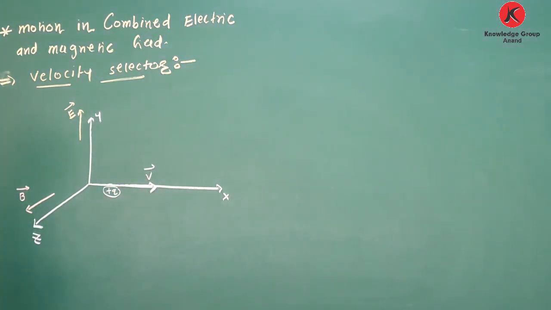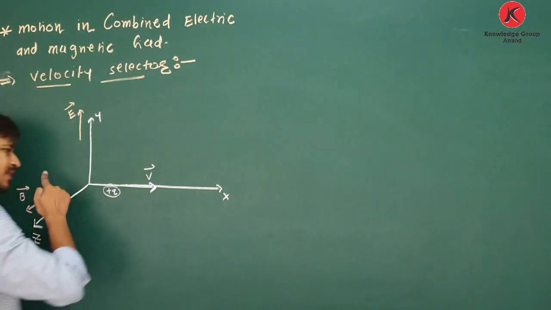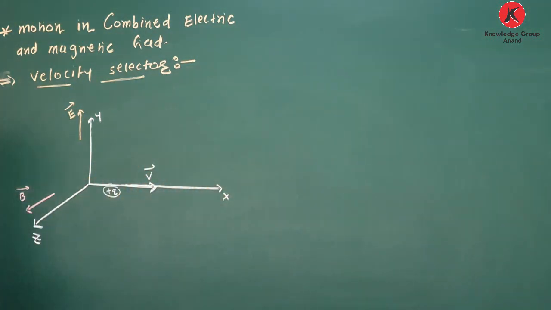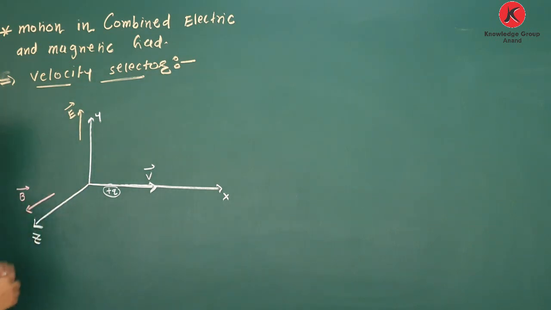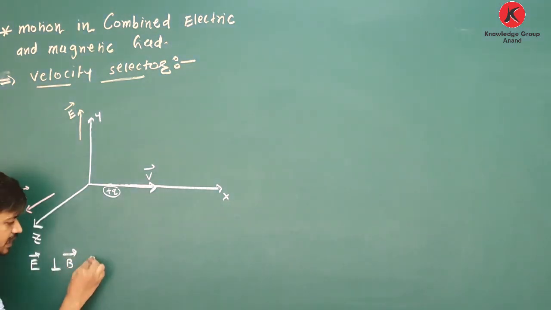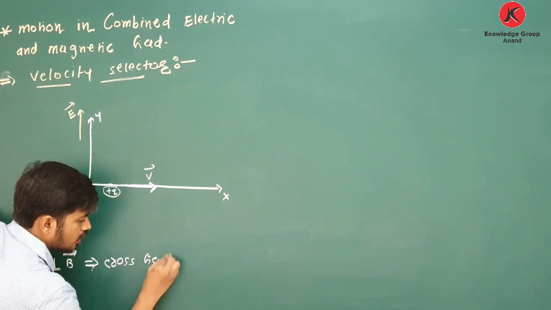Clear about this? Again, x, y, z, perpendicular axes. In this region, the electric field is in the y direction, the magnetic field is in the z direction, and the velocity is in the x direction. Means they are mutually perpendicular to each other. See, the electric field and magnetic field are perpendicular to each other, and such a field is called cross field. It is called cross field.